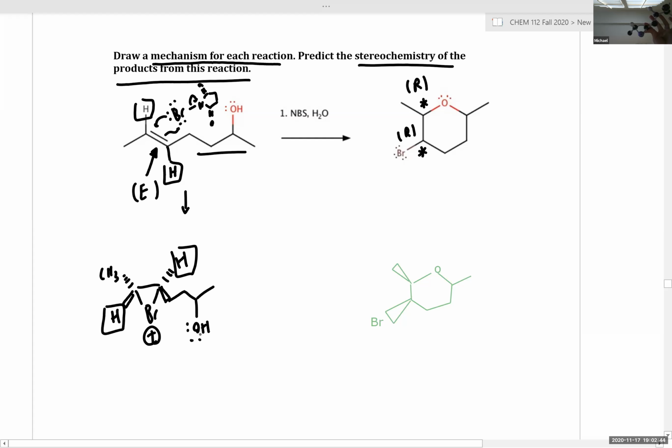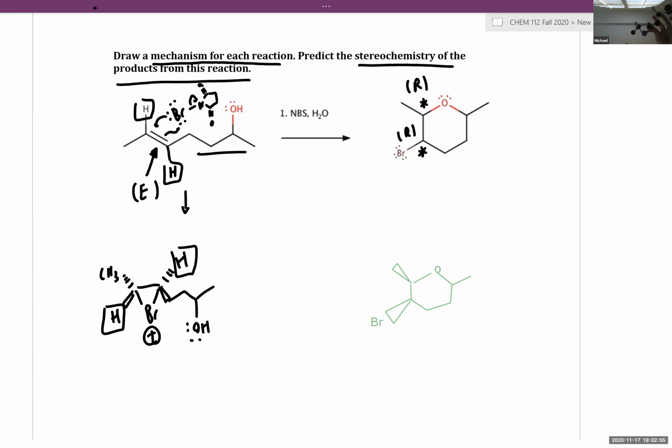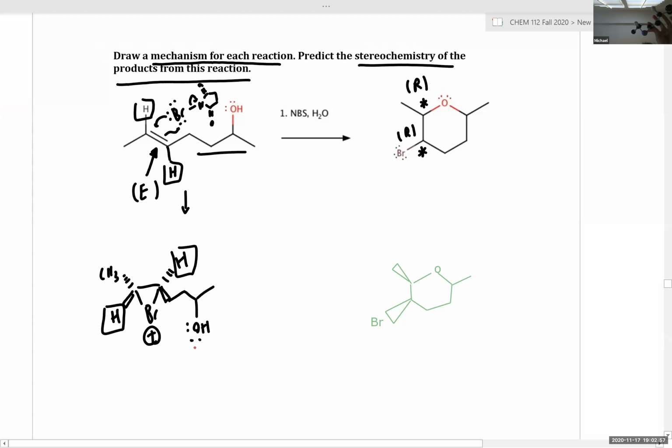Okay, now here's the pretty cool part. We know that we're getting a 6-membered ring. So in turn, all we have to do is count our carbons. 1, 2, 3, 4, 5, 6. And we have attack to yield our 6-membered ring product. For these kinds of intramolecular processes, you have competition between 5 and 6-membered ring formation.